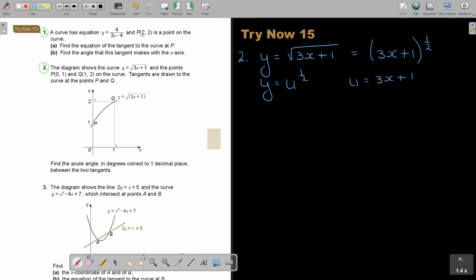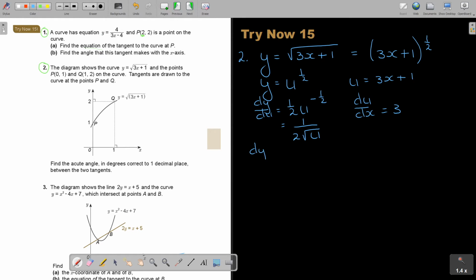So I'm going to say y is equal to u to the power of half, and u is equal to 3x plus 1. So dy over du is equal to a half u to the minus a half, so it's 1 over 2 root u. And du over dx equals 3.